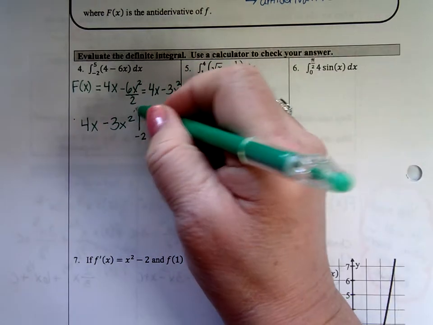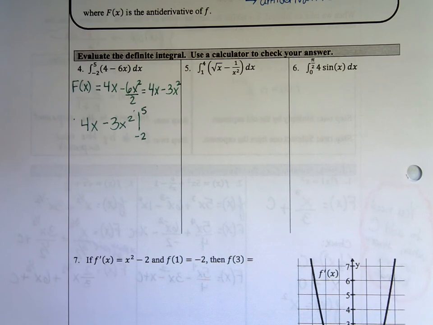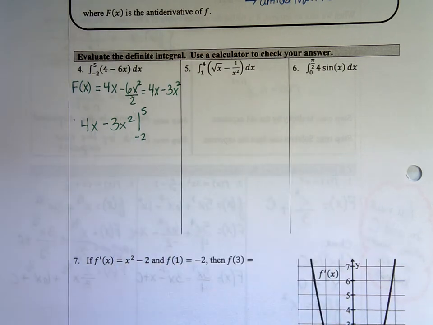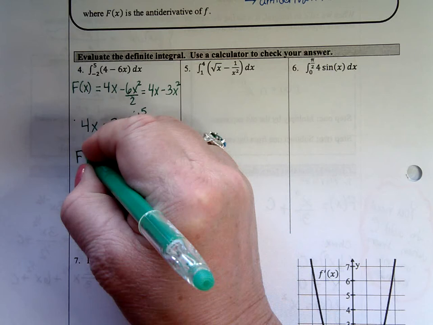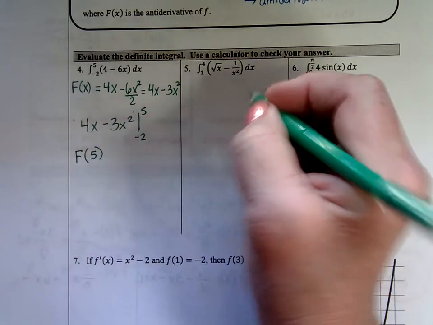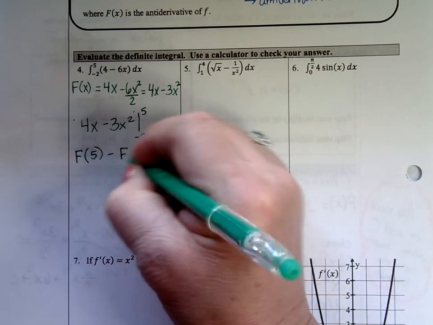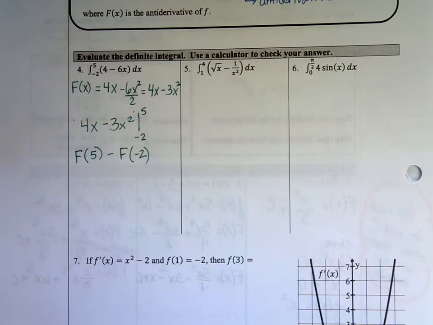Sometimes it'll be bracketed in, and I'll use a little variety as we do it, just like we use varieties when we're naming derivatives. Do we use y prime? Do we do f prime of x? How do we want to write it notation-wise? But I'll show you the first one this way. And what that really means is that you want to find capital F of 5 minus capital F of negative 2, fundamental theorem of calculus.